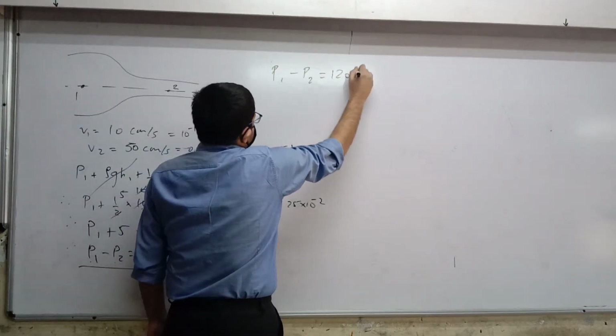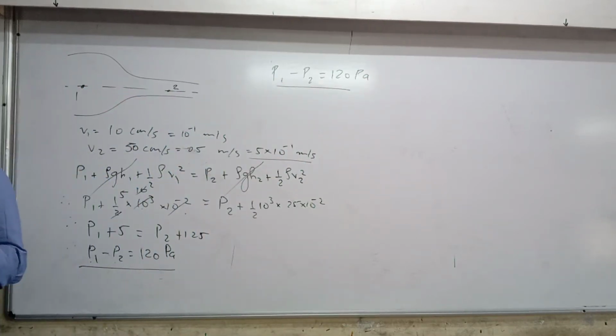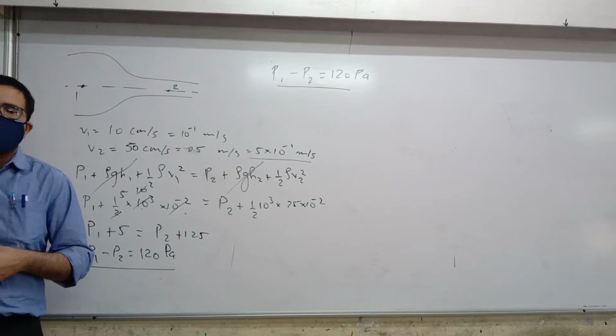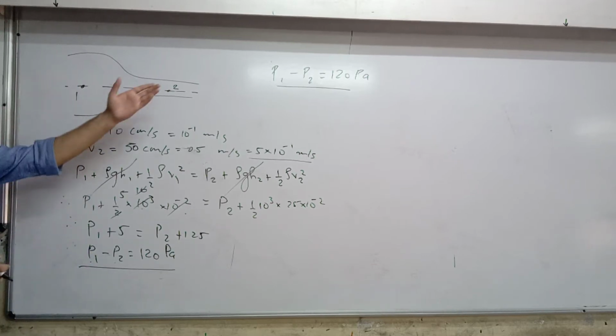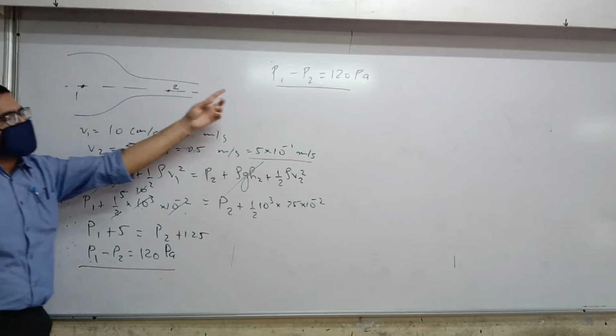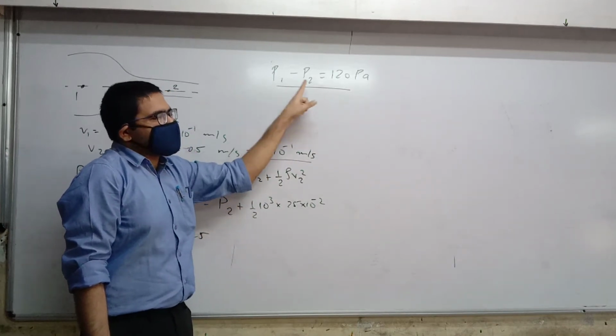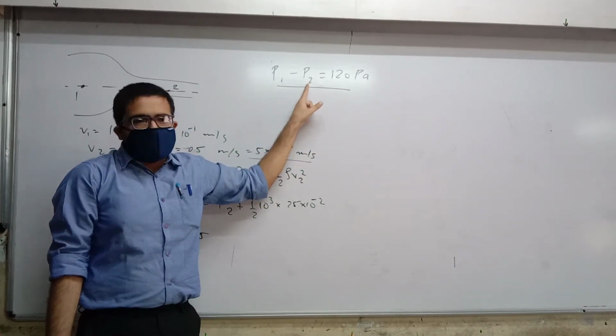Now, this calculation also allows you to answer which pressure is more. Look at this equation. P1 is more, because this subtraction is positive. A subtraction is only positive if the first one is greater than the second one. Yes or no?